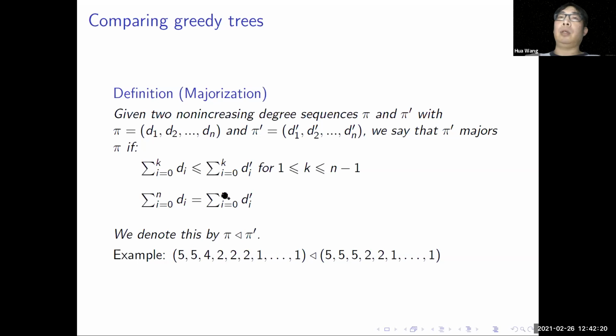So the sum must be the same. And second of all, if this one has a larger degree than this one when they first differ, then we say that this degree sequence majorizes the other one.